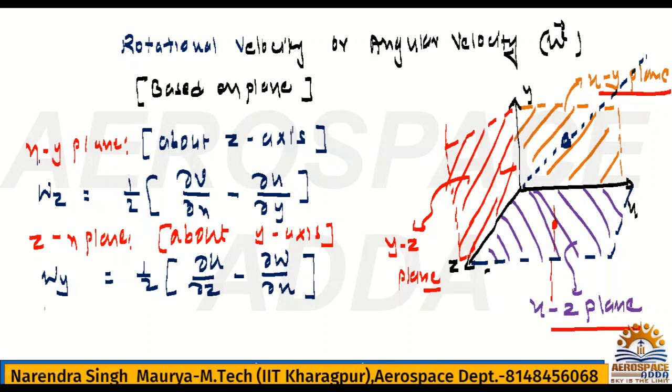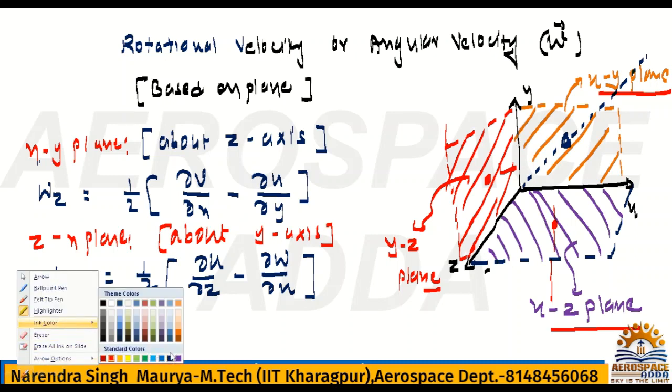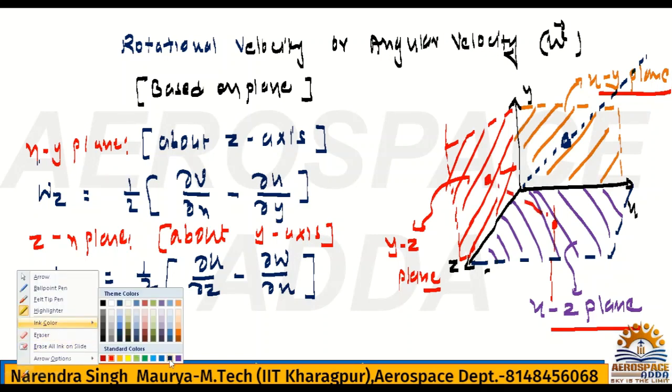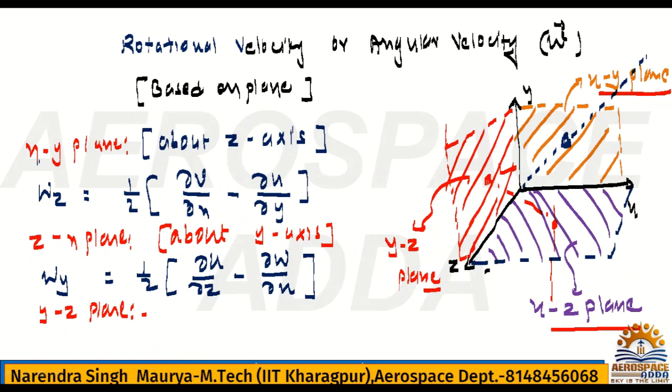Okay. Now what is the next plane, which is called yz plane, not axis, yz plane. Where is the yz plane? This is. What is the perpendicular axis to this yz? Perpendicular to this yz.